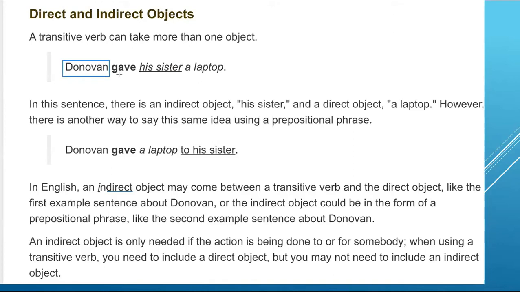Verb, gave. Now the question to know if we have a direct object: what Donovan gave? A laptop. Now here is the way, guys, you're gonna look for the indirect object.